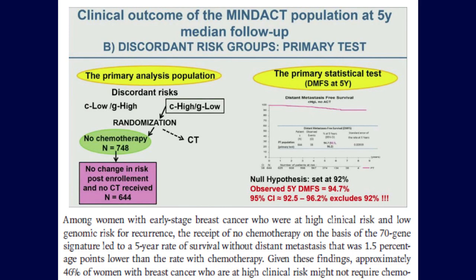Those patients who a doctor thinks have a clinically high risk, if their Mammaprint comes back as low risk, you could safely omit chemo. After this test came back, ASCO, the American Society of Clinical Oncology, gave this test a grade 1 approval, basically because this is prospectively done.